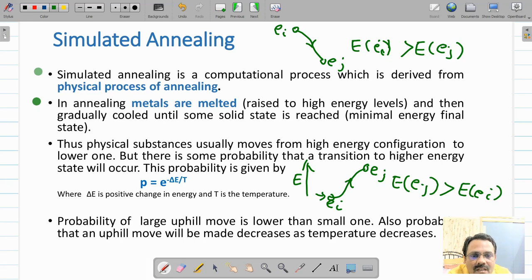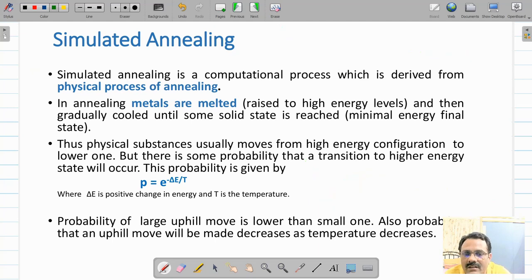But sometimes in the initial phase of the algorithm, when temperature is high, you allow to select a state whose energy is greater than the current state. So this is done by implementing a probability. So we will find out some probability for transition to the high energy state, and this probability is given by P is equal to e raised to minus delta E by T. Delta E is your energy difference, change in energy.